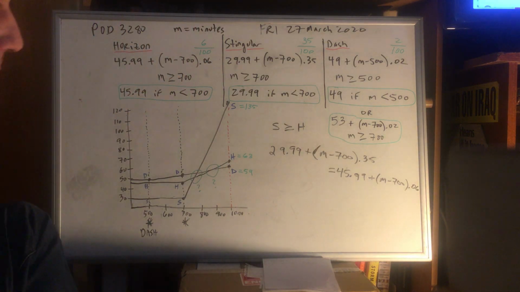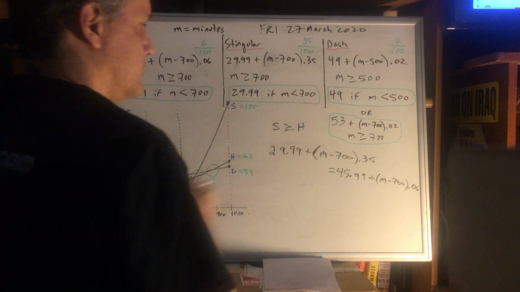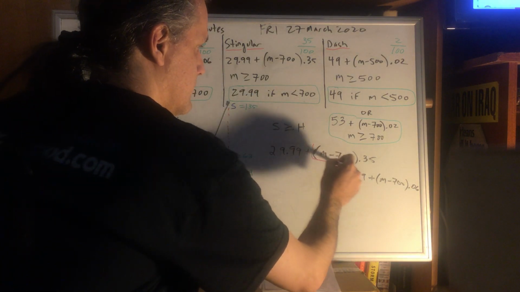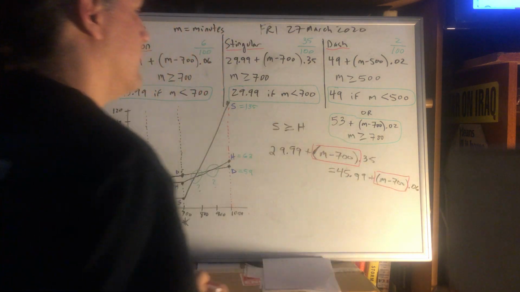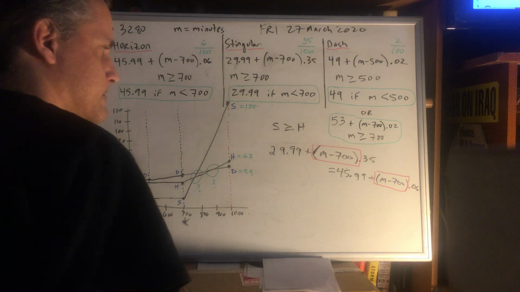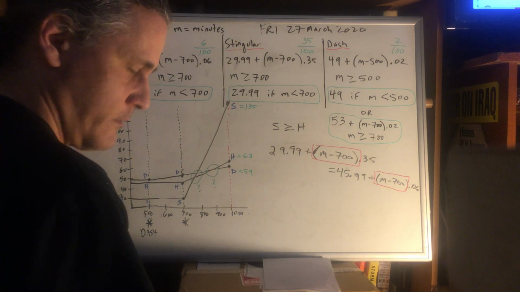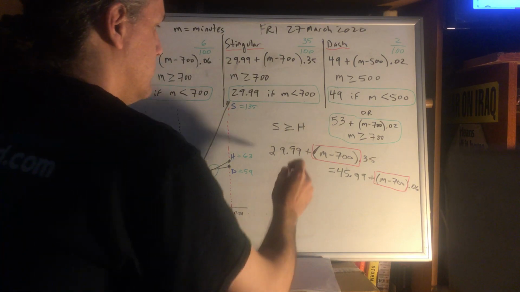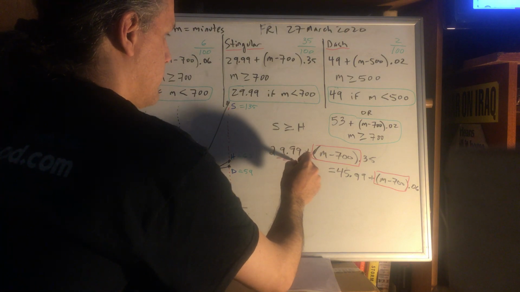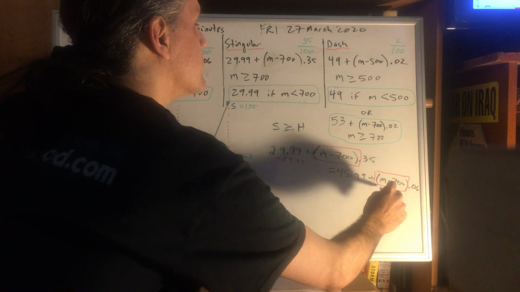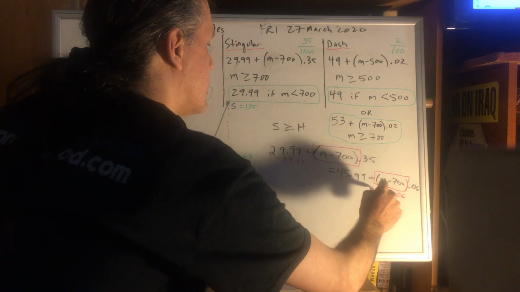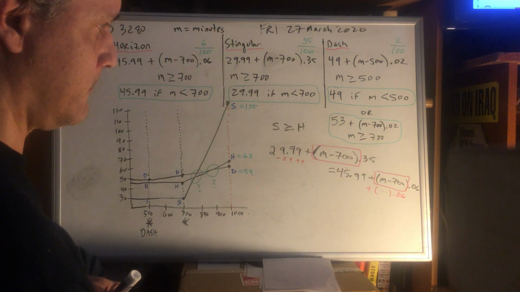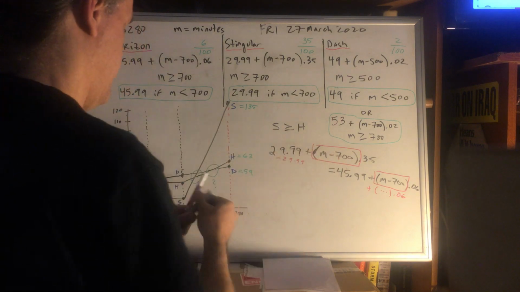Alright, now here's a little trick. This is called chunking. These two quantities are the same. Right? So I'm going to subtract 29.99 and I'm going to add this to that.